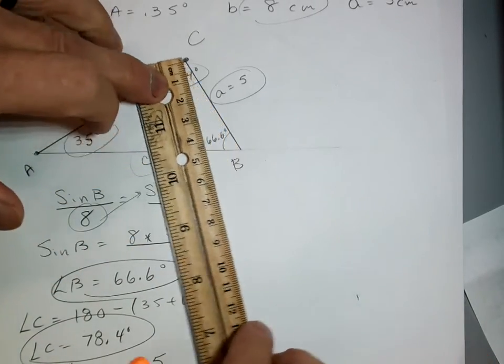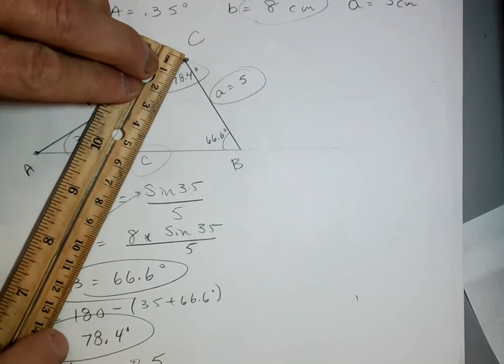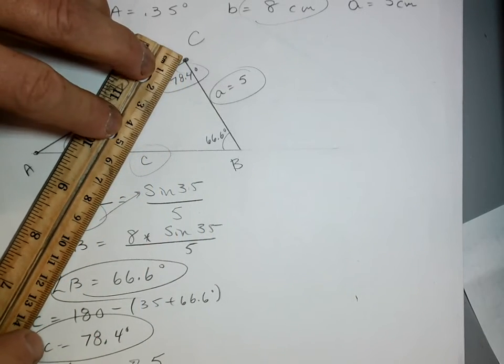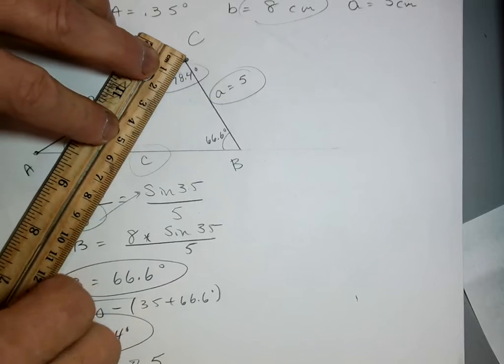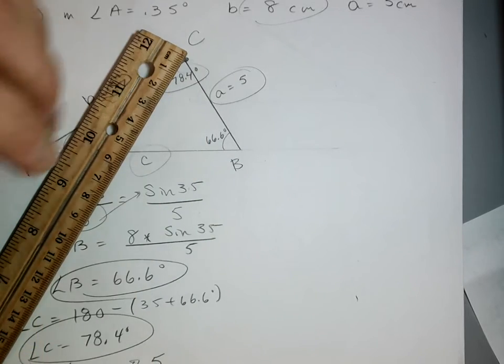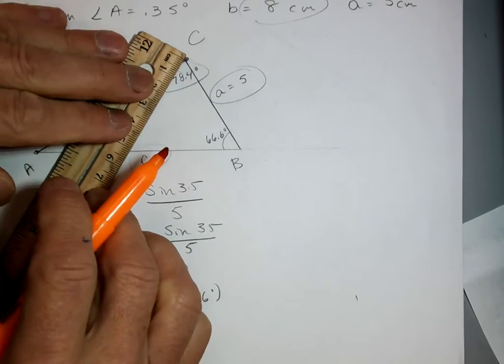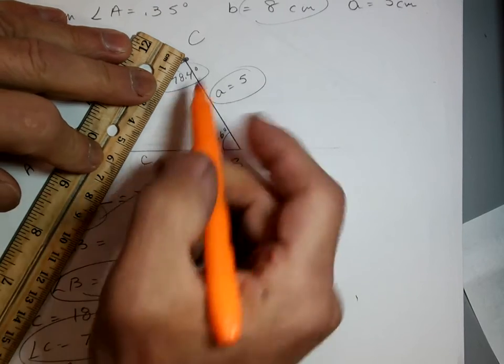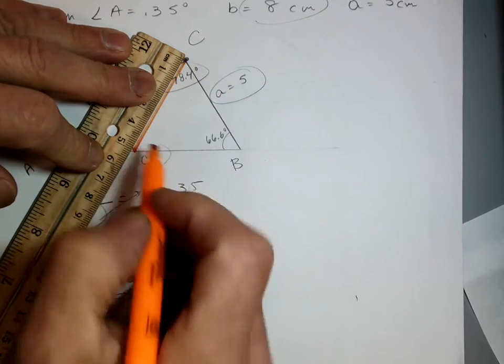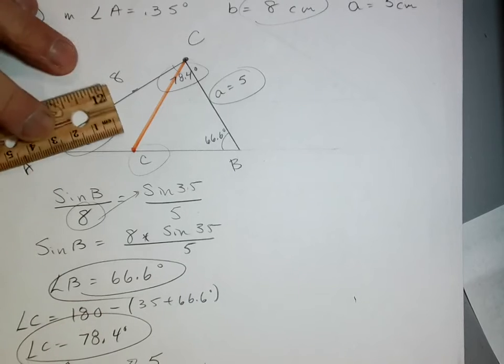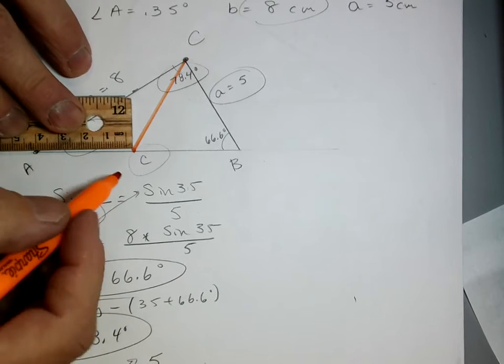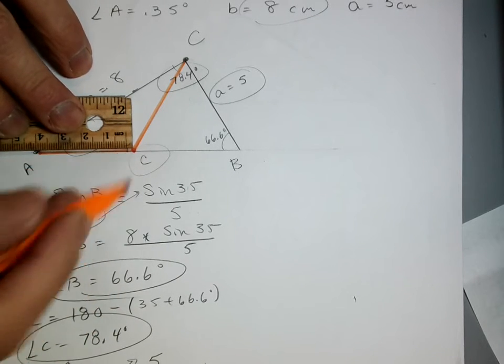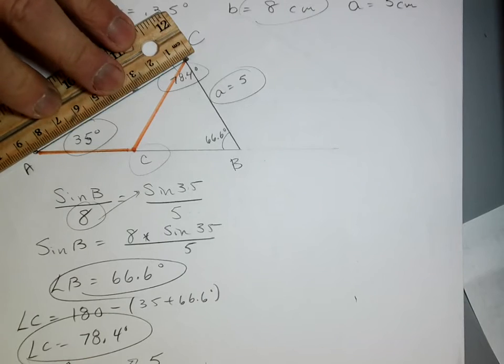Well, there's no reason we couldn't have drawn the 5 here. Follows the rules. There's that opposite side, which is 5. So I wind up getting a totally different triangle. Right here is 5. So the triangle I could solve for also, so there's 2 possible triangles. They both follow the same exact directions.